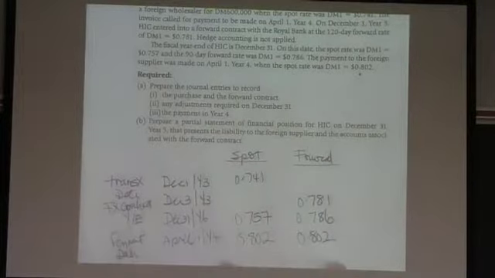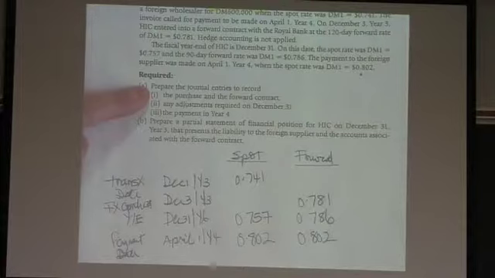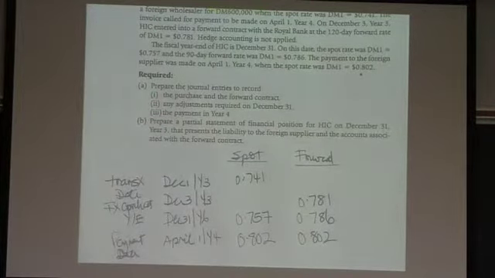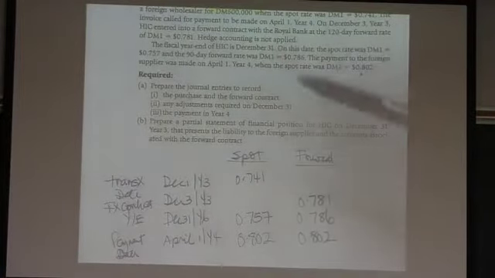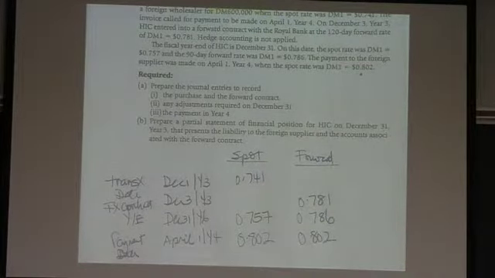Now we're going to look at the journal entries on the date of purchase and the forward contract. We're going to look at the year-end adjustments to the forward contract and payable, and then what happens on the date of payment. Then again, we're asked to do a partial balance sheet as well. So let's take a look.